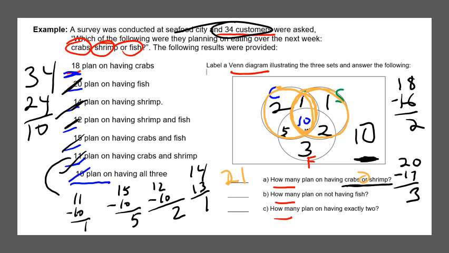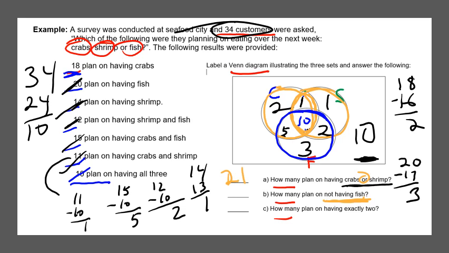Now, how many plan on not having fish? If you're not having fish, you have to be outside of this circle. And here's where you have to be careful. Sometimes if I mess up, think about it, it's probably a common mistake that people tend to make. Don't confuse and or.